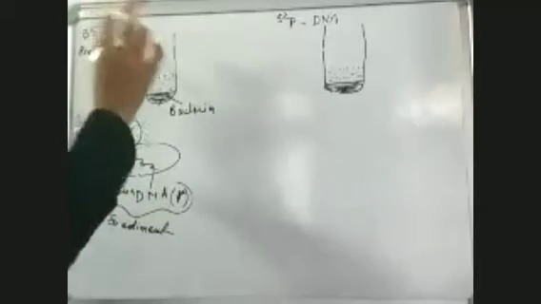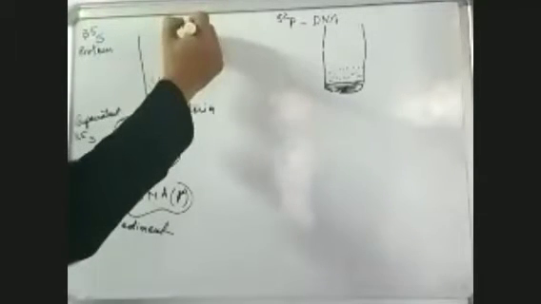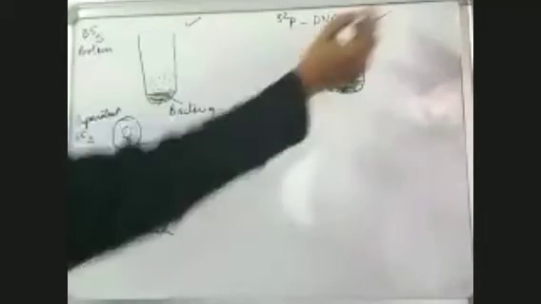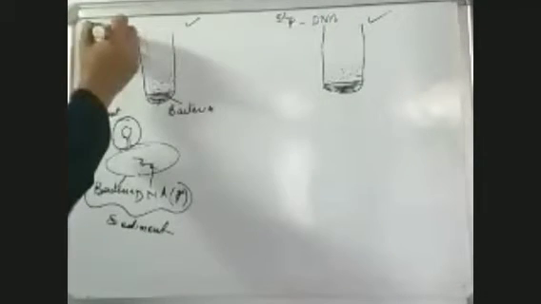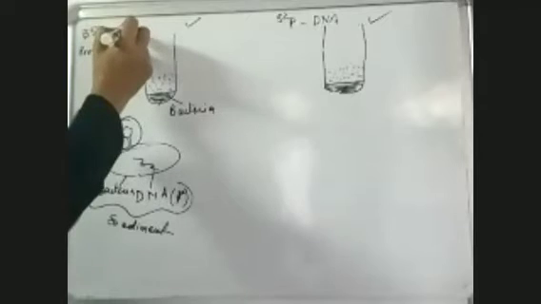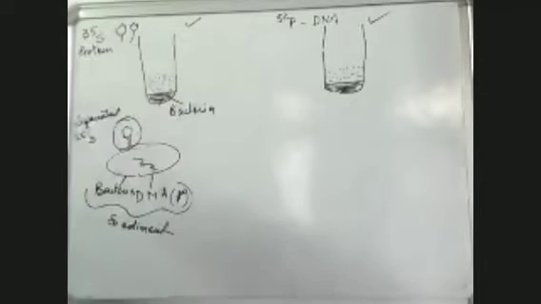There were two sets of bacteriophages. Many bacteriophages were taken here. The first set of bacteriophages was cultured in a medium containing S35, so their protein coat was labeled.